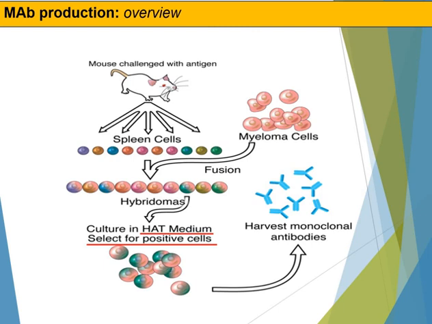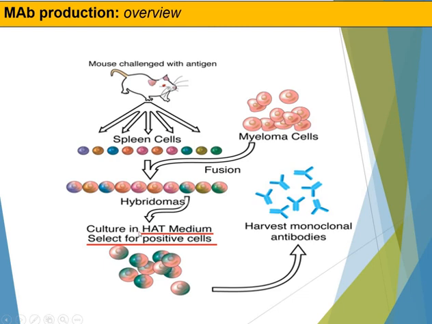But there is a problem because this is a mixture. While we carry out fusion, this mixture contains three types of cells: spleen cells, myeloma cells, and fused cells, or hybridomas. So how to remove these B cells and myeloma cells from the hybridomas? We want just hybridomas now.